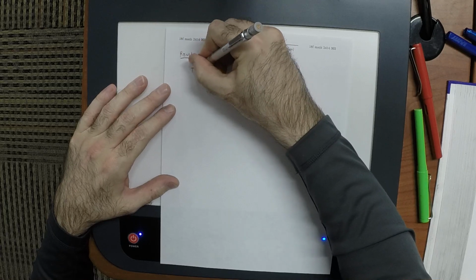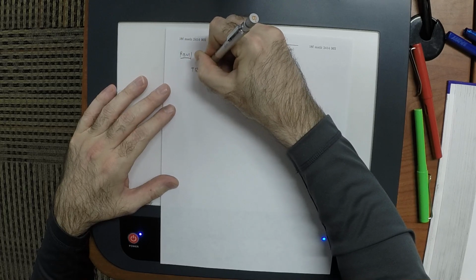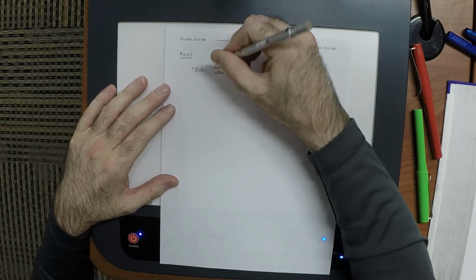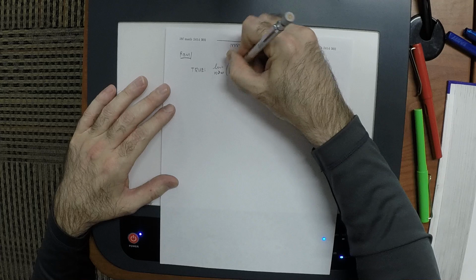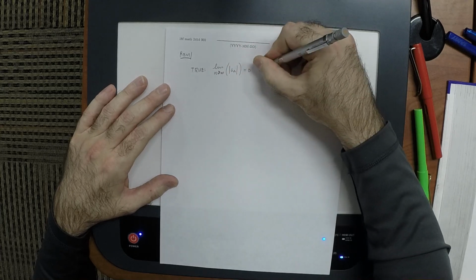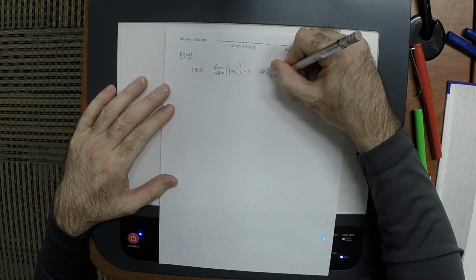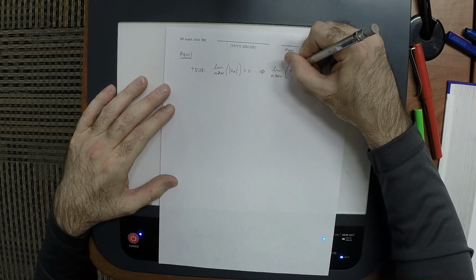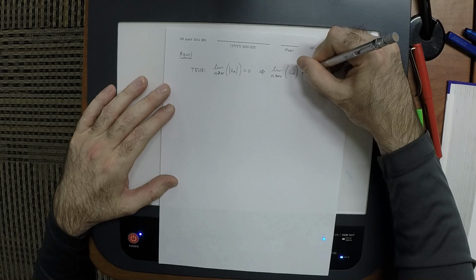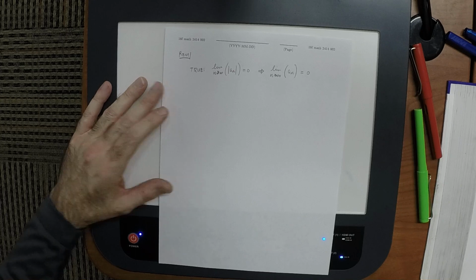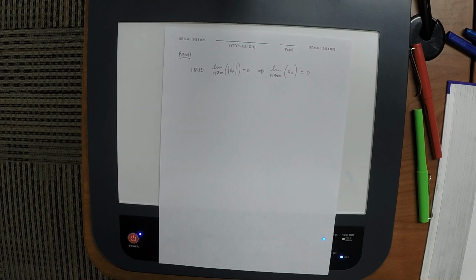So this one is true. This is true: the limit as n goes to infinity of the absolute value of a n equal to 0 implies the limit as n goes to infinity of regular old a n is 0. That is true. Okay.